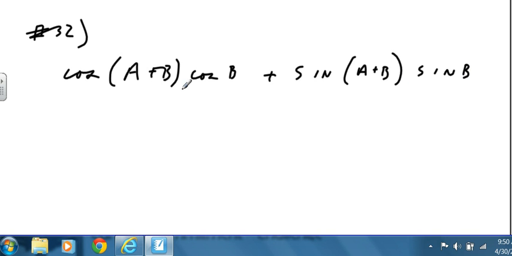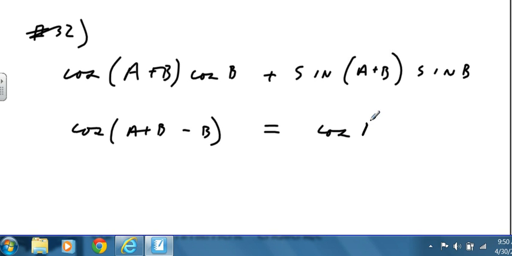Okay, so I've got cosine cosine plus sine sine. I look for cosine cosine plus sine sine. I see that that is the cosine of A plus B minus B. So this whole thing is just cosine A. Final answer. And 5 seconds to spare.